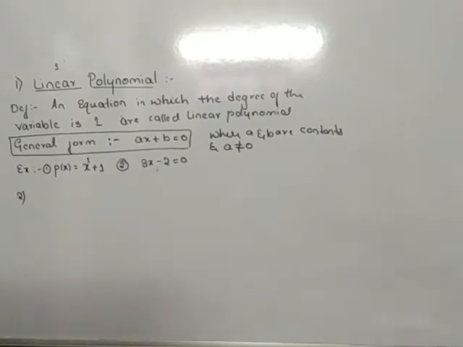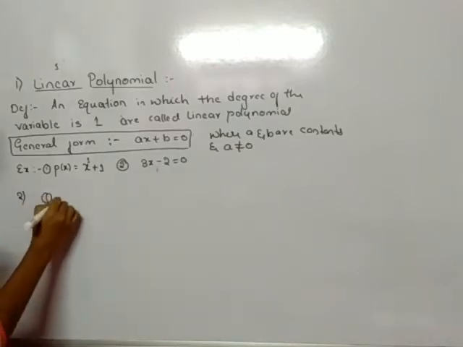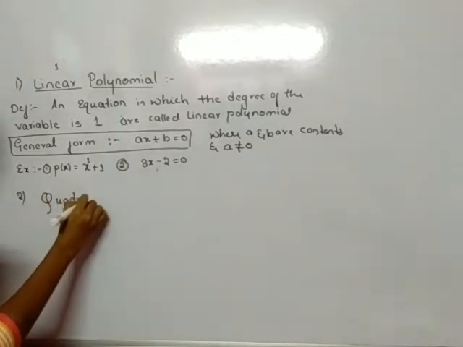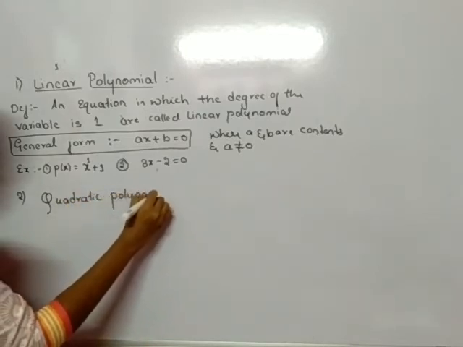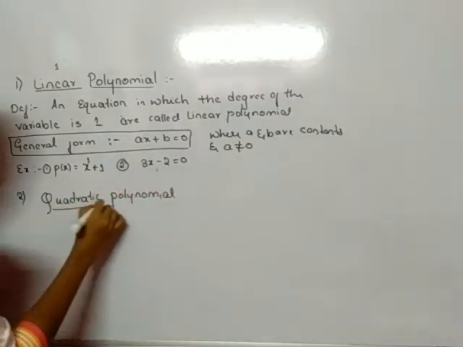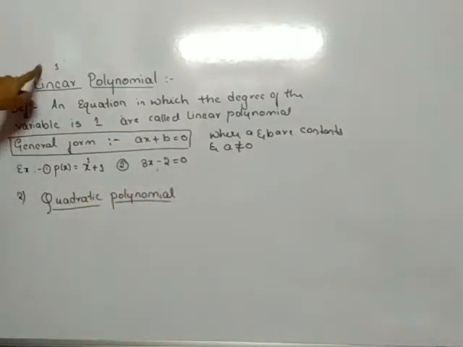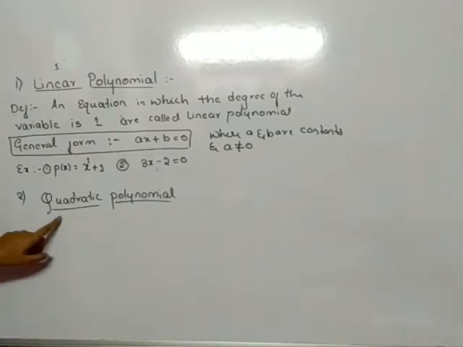Okay, we'll move to the second definition, that is quadratic polynomial. Linear means 1, quadratic means 2, right? Quadra means it is 2. Then if the degree of the variable is 2, such types of polynomials or equations are called quadratic polynomials, students, right?